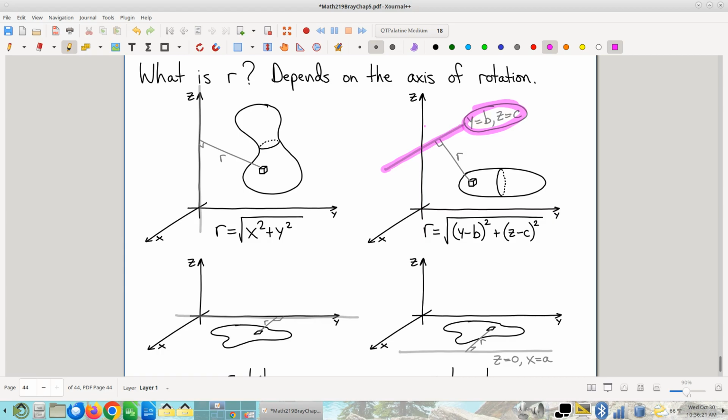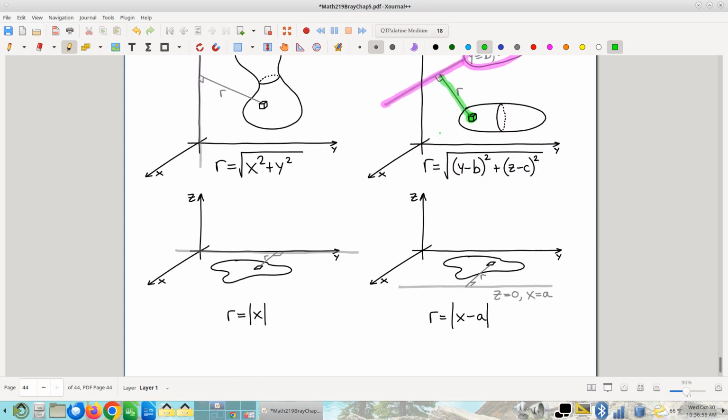But some line there, like that. We would need to have a formula. We would need to figure out how to compute the distance from arbitrary x, y, z to that line, that perpendicular distance. And in this case, it works out not so bad because this happens to be parallel to the x-axis. That makes the calculation work out very nicely. In this case, that's the formula, not that. Right? Everybody on board?